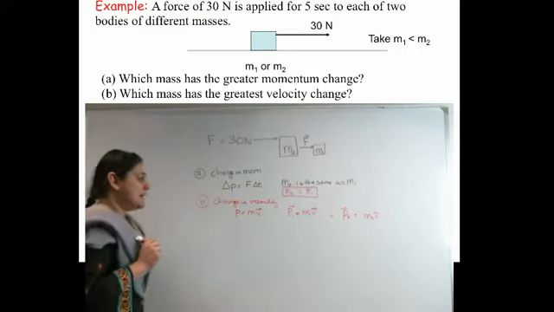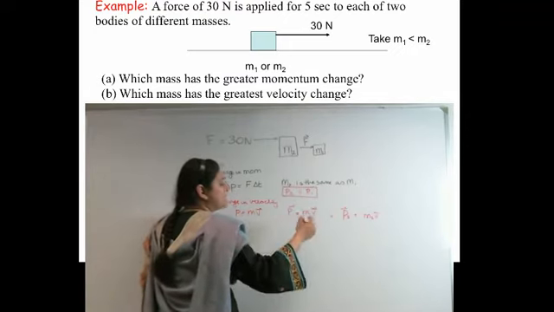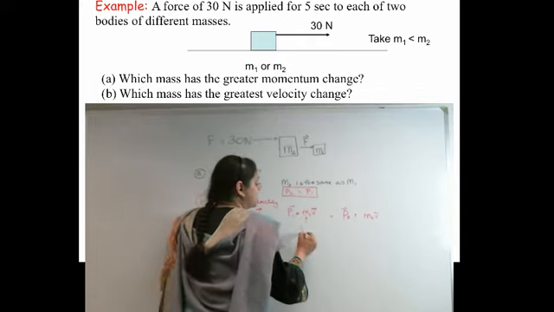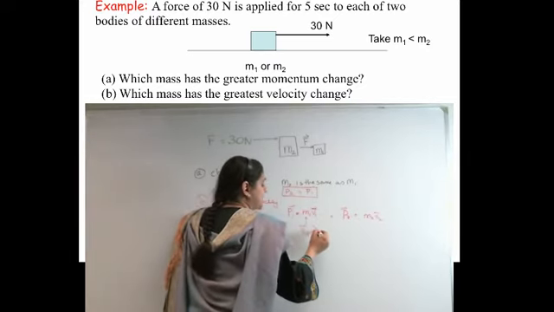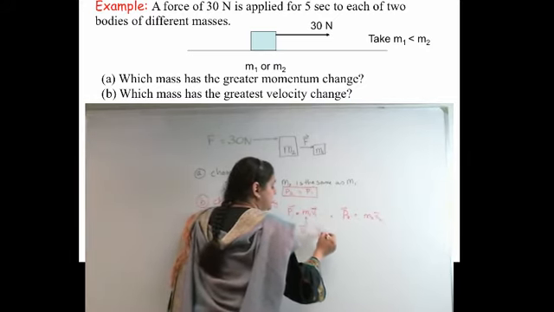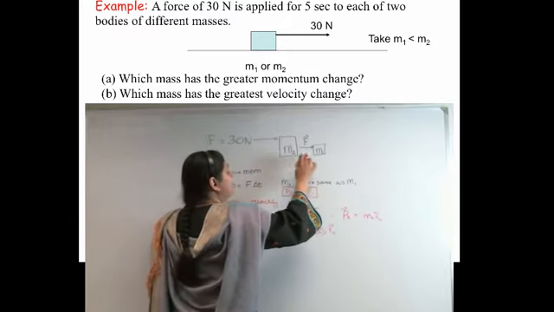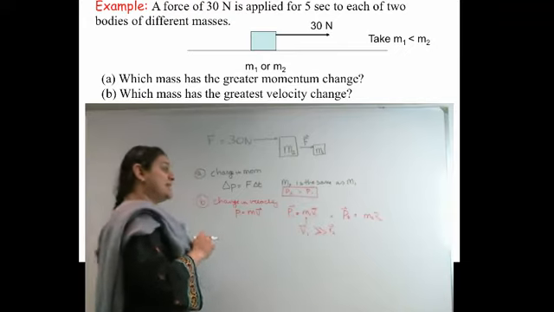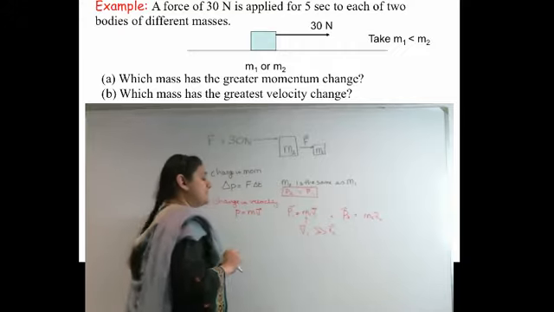Agree? Okay, so that means if the same momentum acts on a smaller mass, it will give me a larger velocity. So V1 will be much larger than V2 if M1 is much smaller than M2. So the change in velocity, velocity 1 will be much bigger than velocity 2.